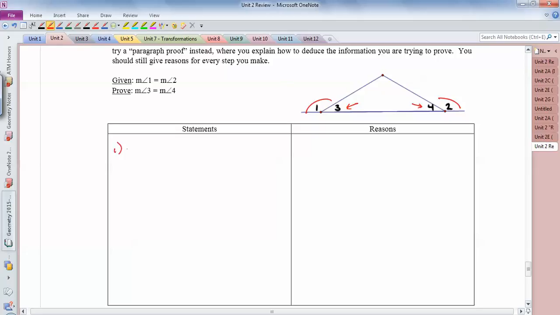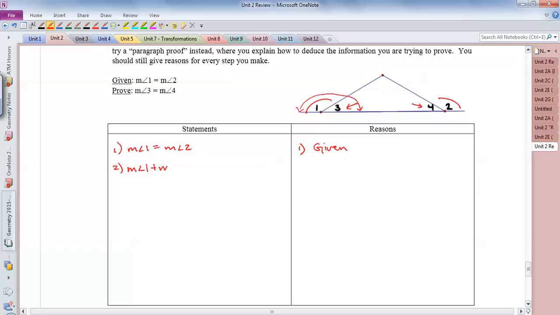So let's see. Let's start with the given. M1 equals M2. Given. Okay, so somehow we have to involve the 3 and the 4. So I do know that 1 plus 3 has to be 180. That's pretty much the only equation I know I can come up with involving the 3.